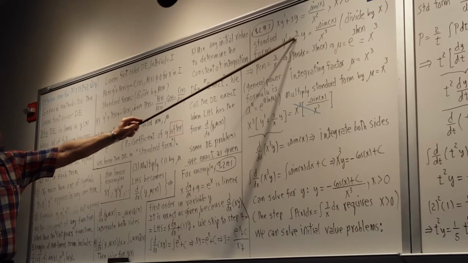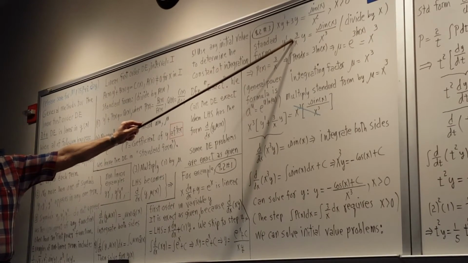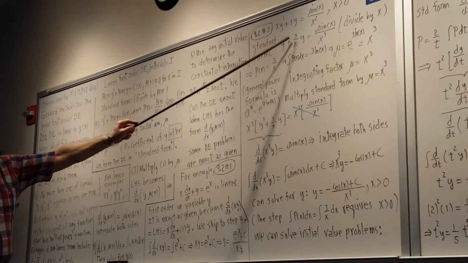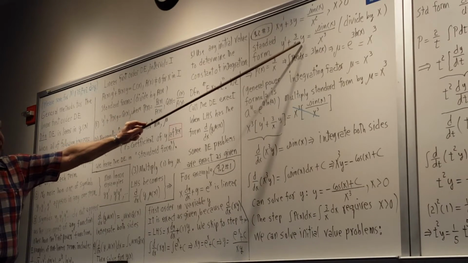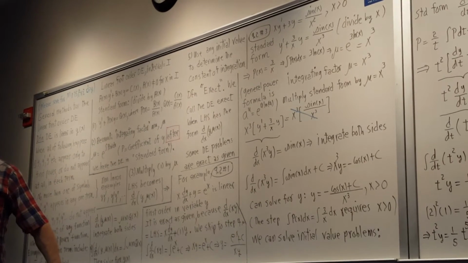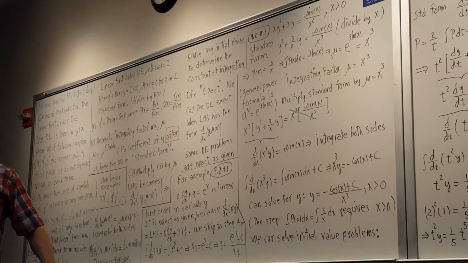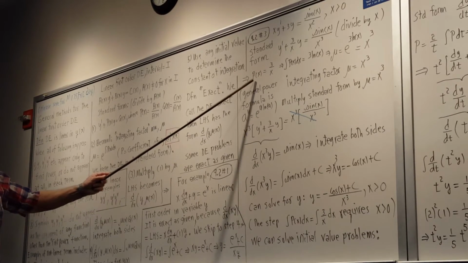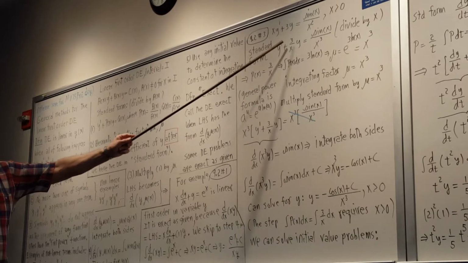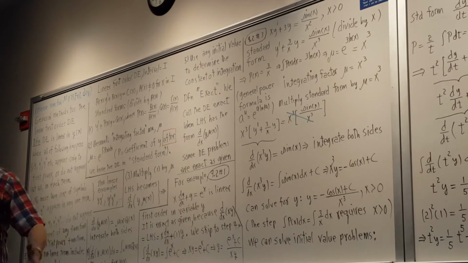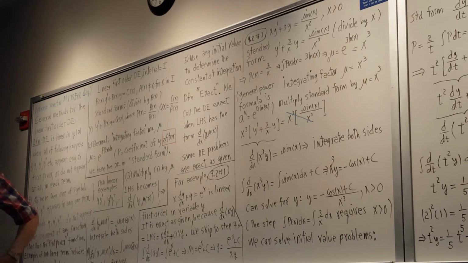And this is p right here. Whatever you get when you divide by what was there as the coefficient of y, that's what you call p. That's going to be a function of x. The constant is a function of x. So it's a true statement that your coefficient of y is a function of x, and you can call it p if you want to call it that. That's what the book does.